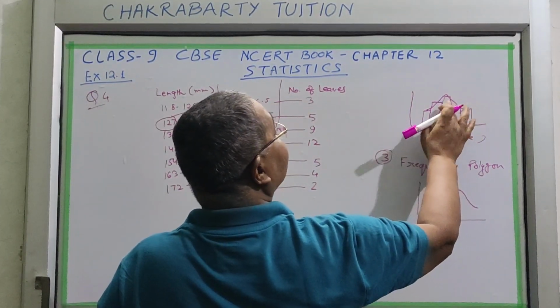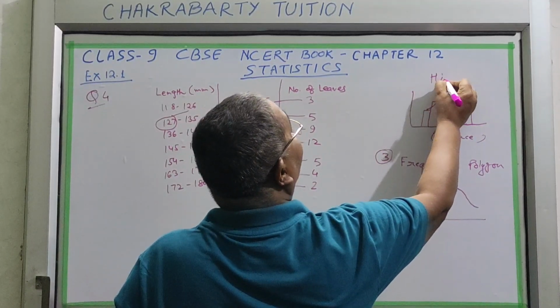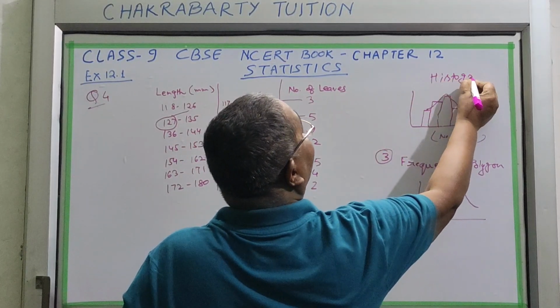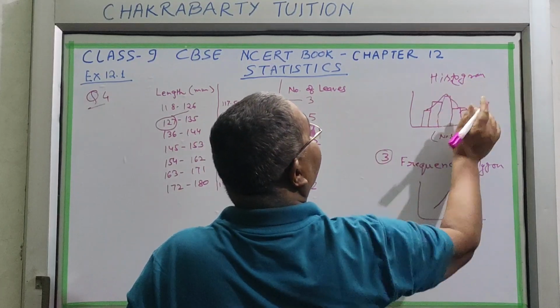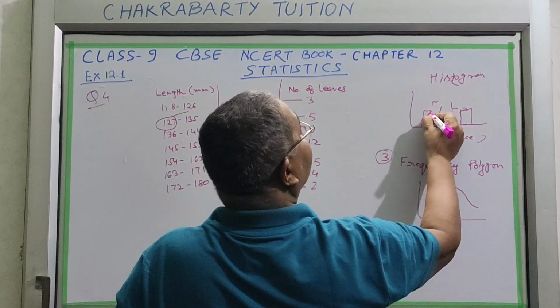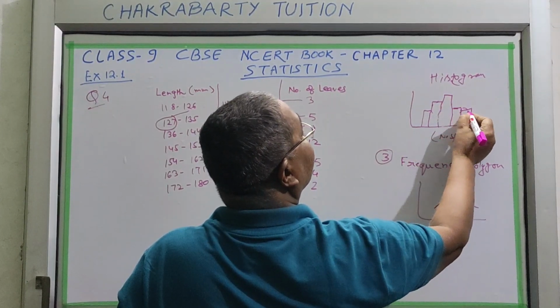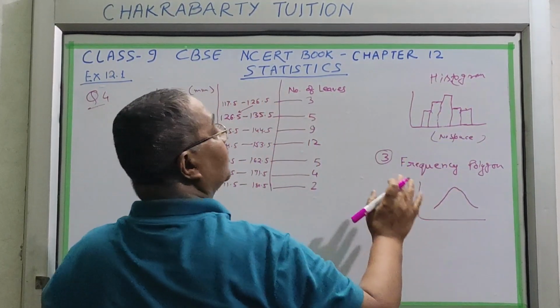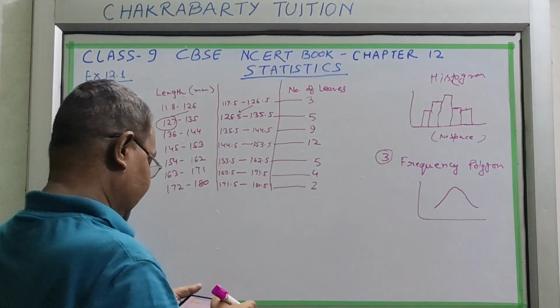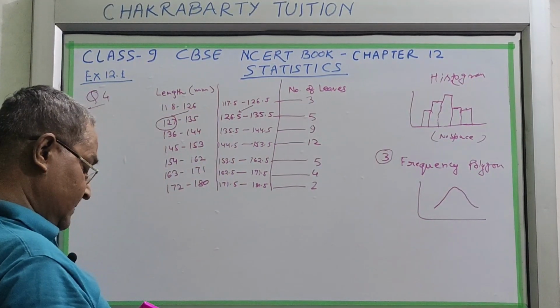And without this, when we write without spaces, it becomes a histogram. You need not make the midpoints for it. So this is the histogram, and this is the second part; there is another part of the question.